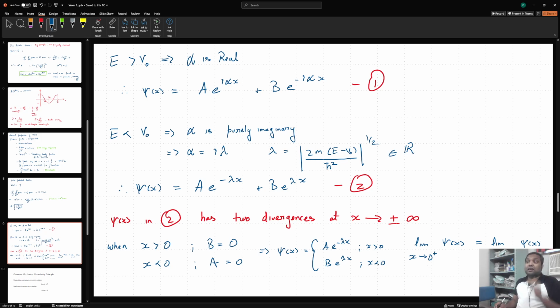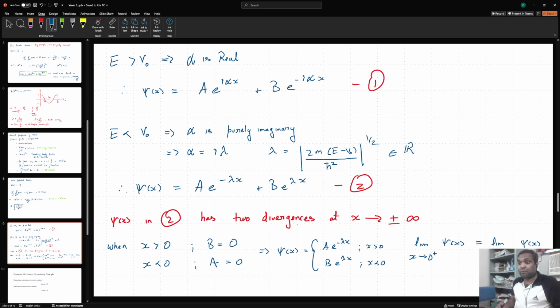But now I still don't know what the values of a and b are. But I know that these two limits have to agree. Now we know as x tends to 0, this exponential quantity will tend to 1. Therefore, when I'm looking at it from the right side, this will tend to a, and when I'm looking at it from the left side, it will tend to b.